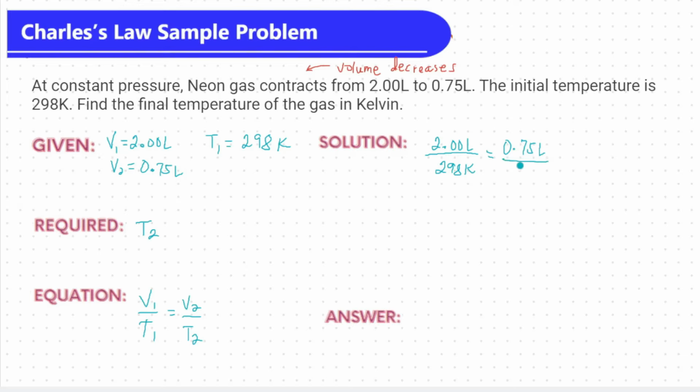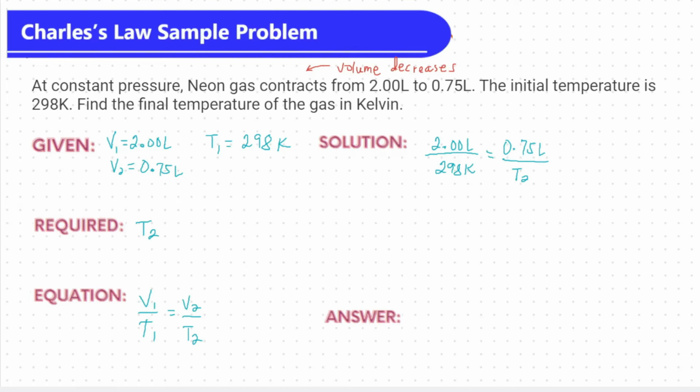And T2 is missing. Medyo tricky lang ito, no? Kasi T2 is in the denominator. So, I will be presenting you one way on how to extract the denominator. Kasi you can easily rearrange the equation if you are very used to solving math equations. However, there are sometimes na medyo nakakalito siya.